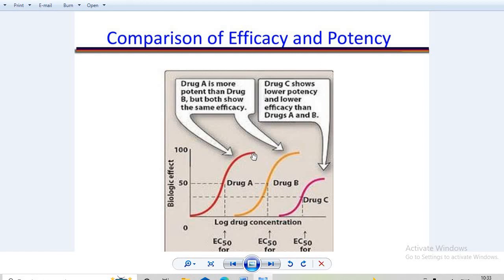However, because A's potency is more than B's, it is producing the maximum biological response at the lower dose, but it is producing 100%. B is also able to produce 100%, even if at a higher dose. But their efficacy is the same. Efficacy means whether any drug is able to produce the required pharmacological effect or not, forgetting about the dose. So this is the comparison of efficacy and potency.